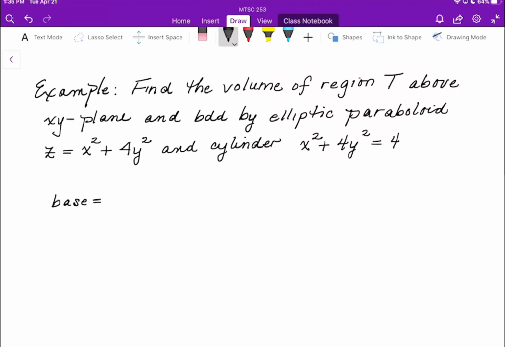So the base or the bottom is z equal to 0. And the top is z equal to x squared plus 4y squared.